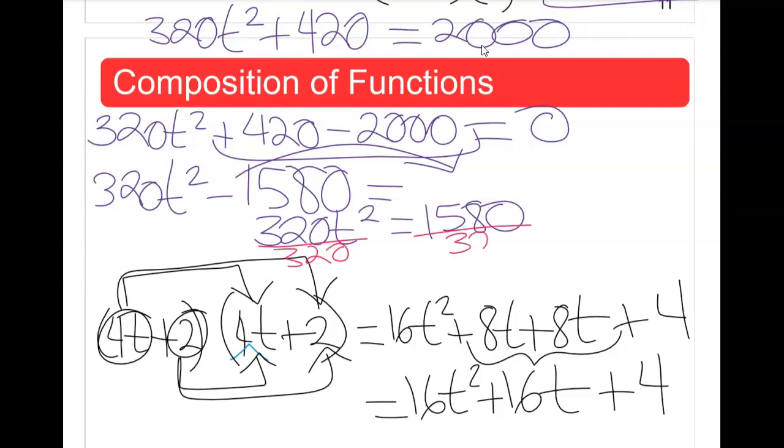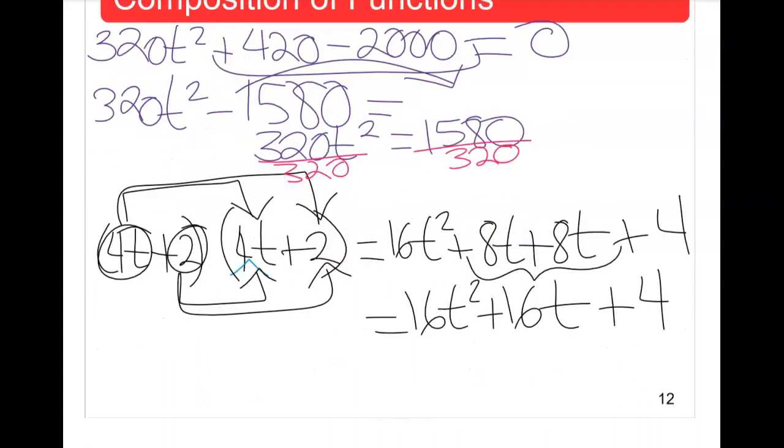Maybe 1580 is divisible by 320, maybe. Oh no, it's not. Okay, but that's fine. We could also have a decimal, so the 320 divided by 320 cancels out, so we have t squared equals that number in the fraction. And in fact, I can cancel out a 0 or divide by 10.